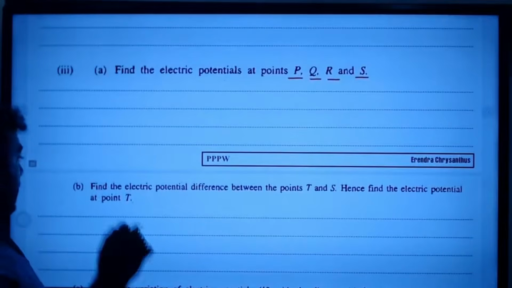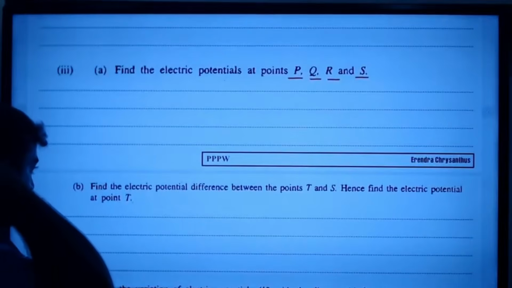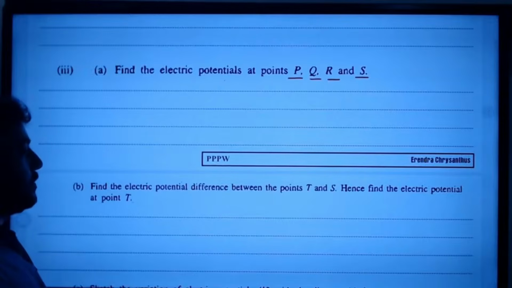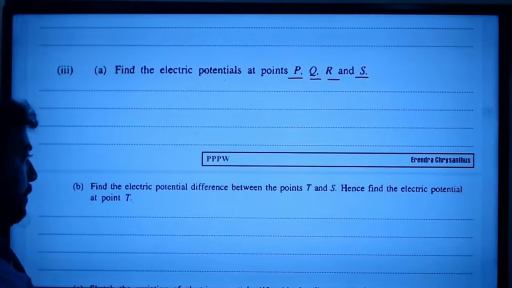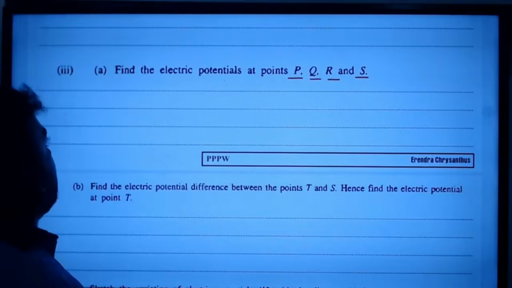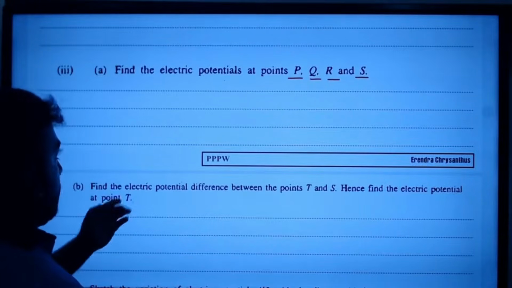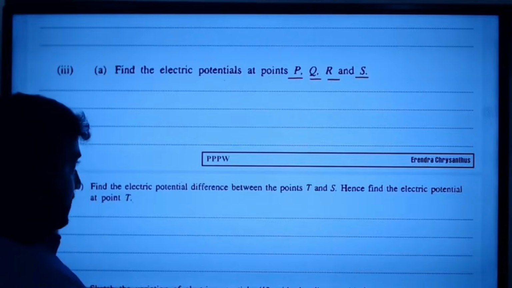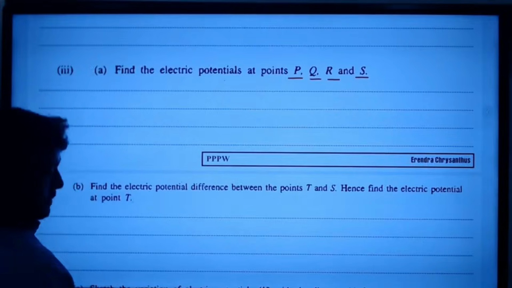Before that, find the electric potential difference between T and S. Hence, find the electric potential at point T. So we have found the potentials at P, Q, R, S, and now we need the potential difference between T and S.